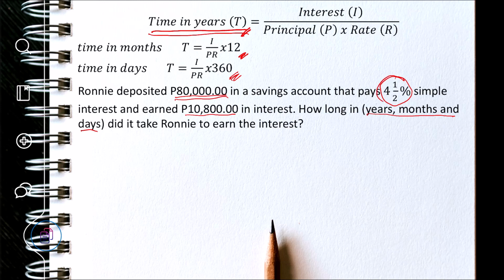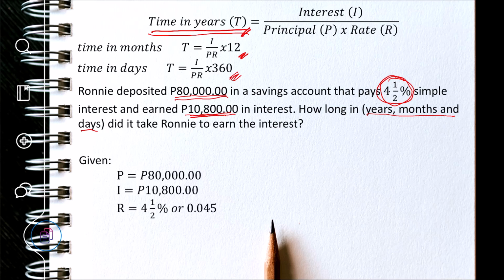This is the percentage or rate na meron tayo. And then, this is the interest na inabot. Given, the 80,000 pesos is the principal, 10,800 is the interest, and the interest rate is 4 and 1/2% or 0.045.